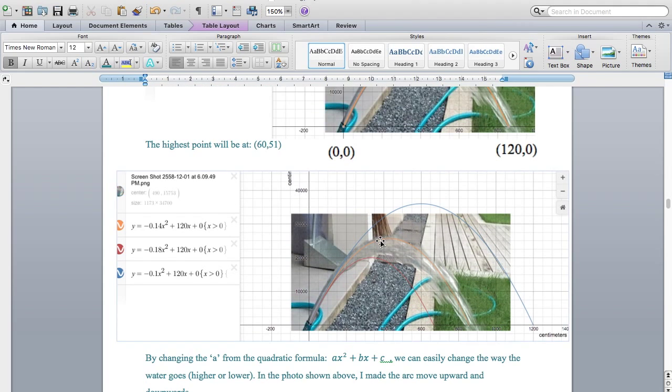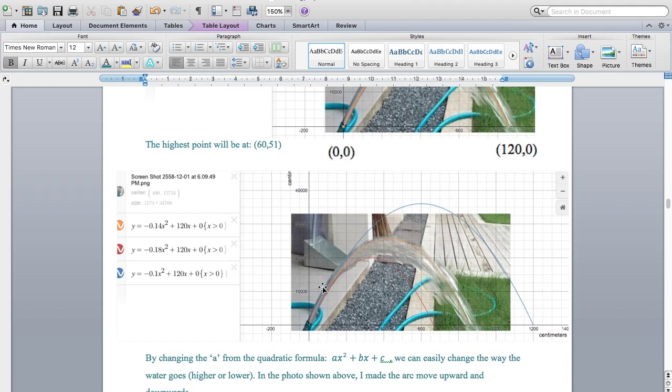And here are two more water arcs, which are shown here, to demonstrate how to change the water level if we want to create more arcs.